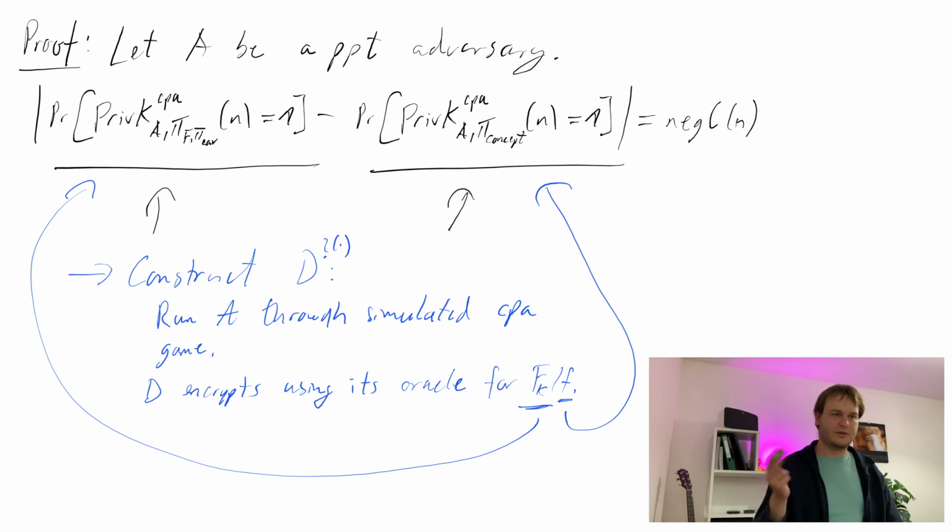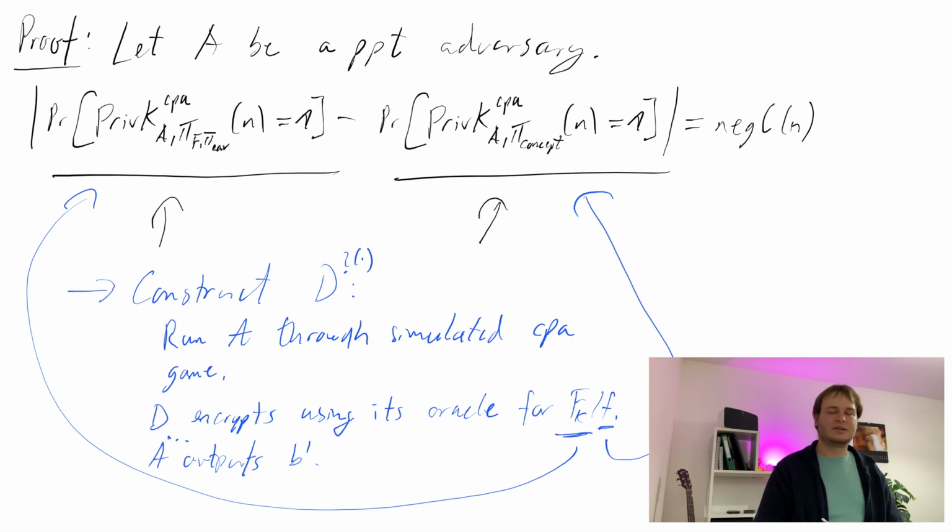D will choose one of them randomly and encrypt this message using the same encryption thing that it's been doing before. Then A will output a guess bit b'. And then the idea is that D wants to use this hypothetical ability of A to do better in one of the two worlds. So it will output a bit that indicates whether or not A wins.